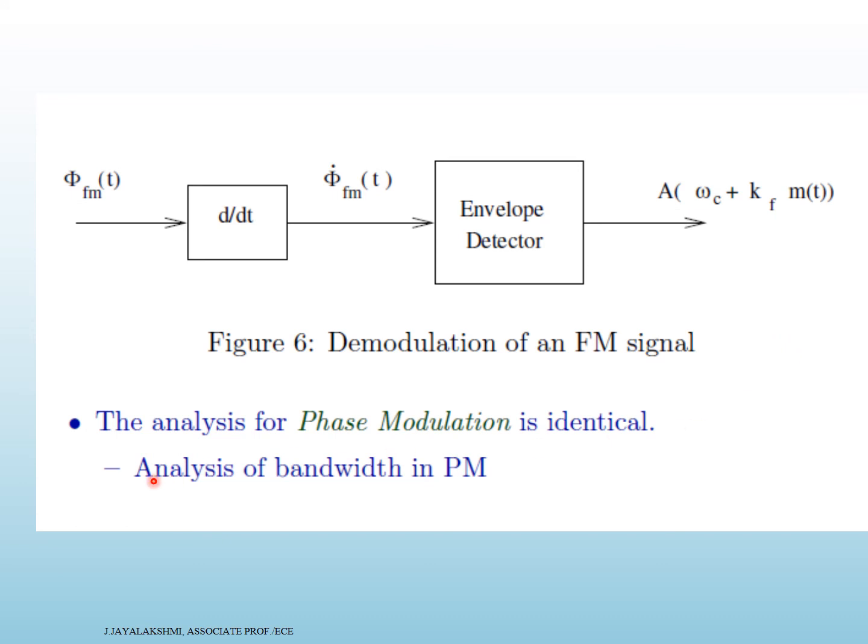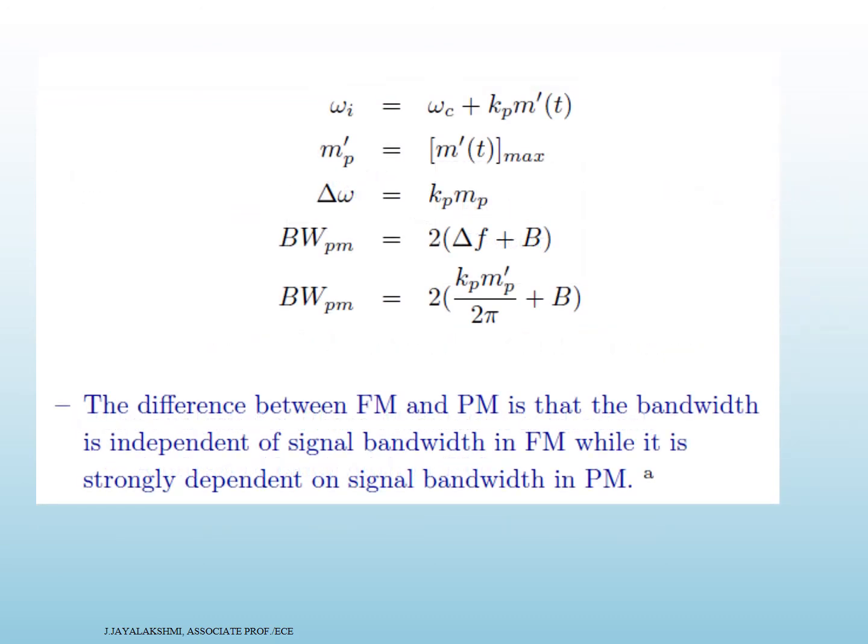The analysis of the phase modulation is identical to the frequency modulation. Coming to omega i, that is the instantaneous frequency of the modulated signal, which is equal to your carrier angular frequency plus kp m dash of t.